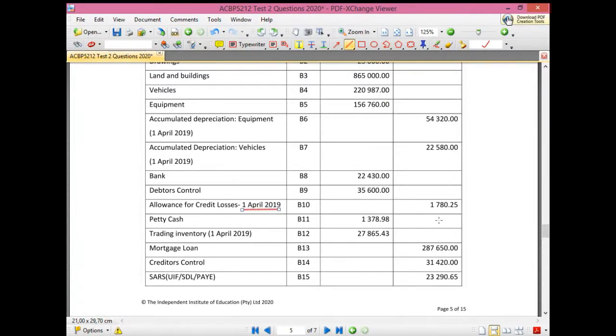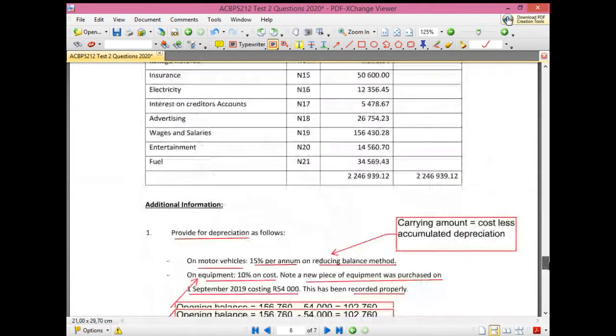It is currently sitting at 1,780 Rand and 25 cents, and it should be 1,600. So that means we need to reduce it by 180 Rand and 25 cents. Okay, that is what the information in that point indicates.